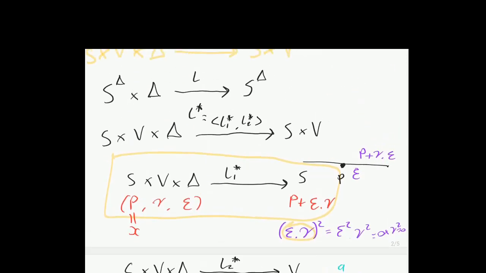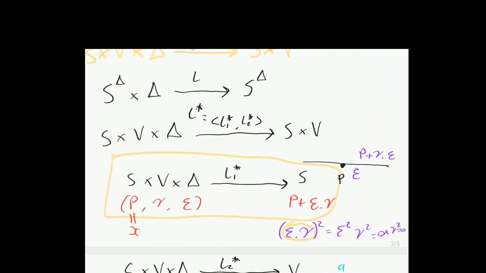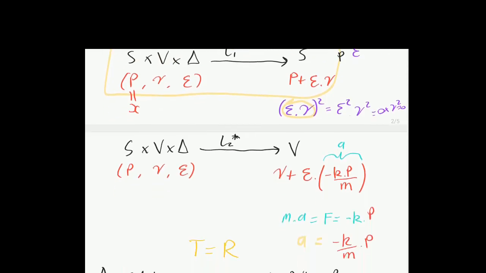So that L1 star is telling us how the new displacement can be determined a small amount of time later, given the current displacement and velocity. And the other part of this is determining the new velocity.